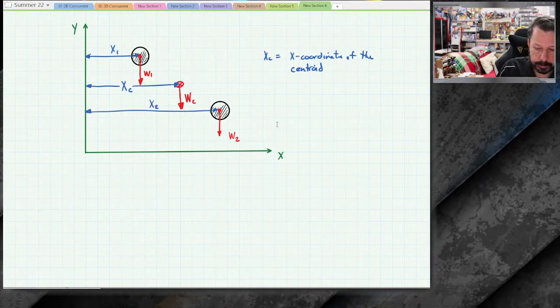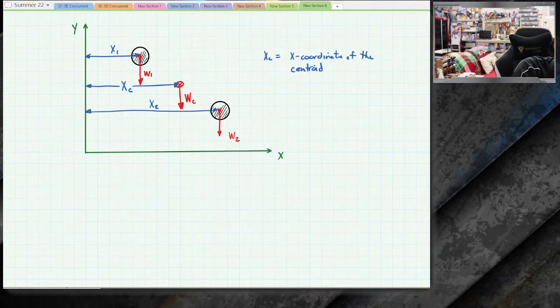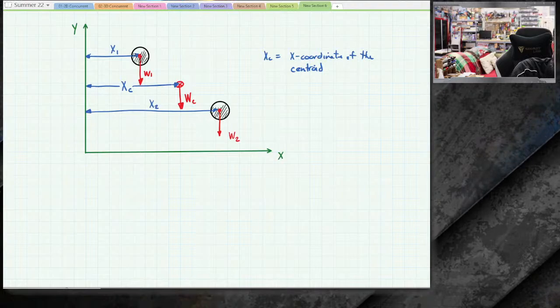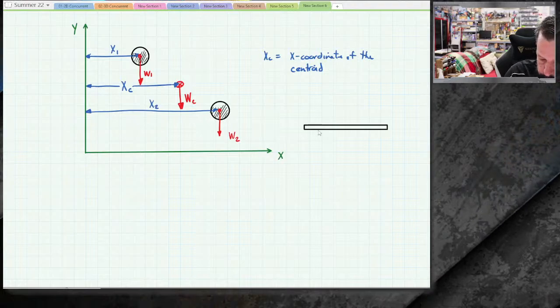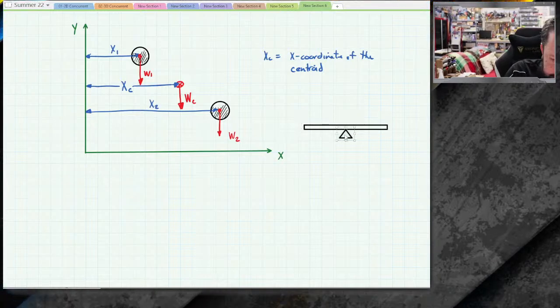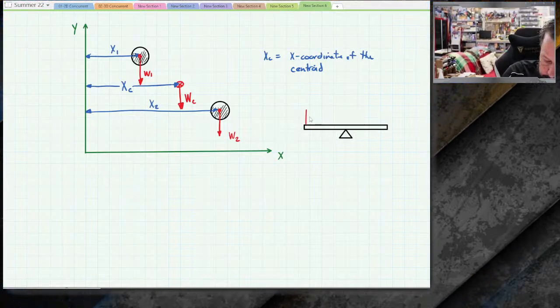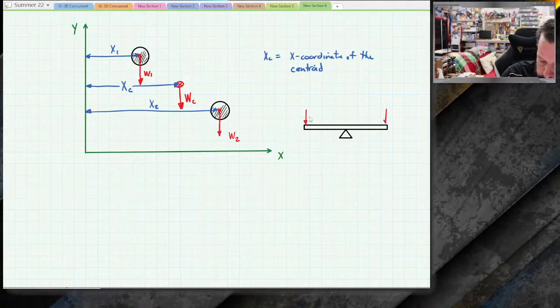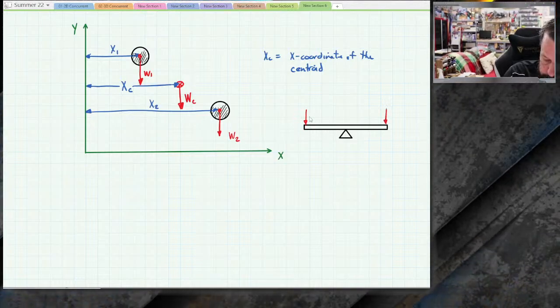Let's just draw a little beam. You've played on a seesaw before, and there's a weight over here and a weight over here. We'll call those A and B.